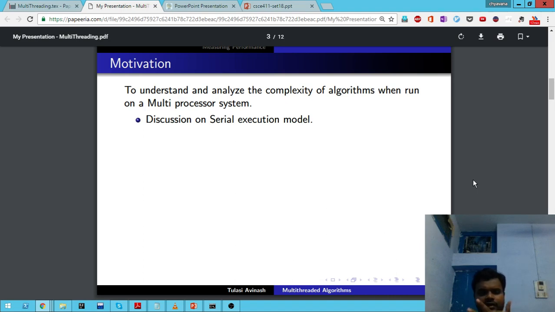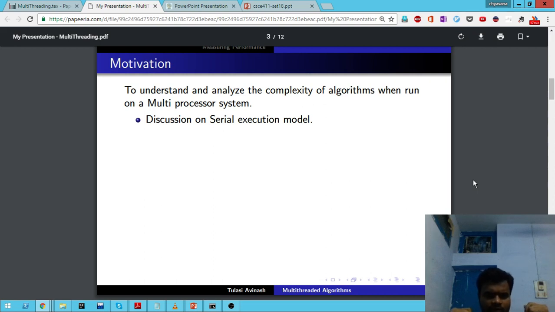So when it comes to the real world, it might not be an ideal model. It might not be feasible to adapt the same theoretical complexity to understand the practical implications of the algorithm on today's computers. Even a mobile phone is operating on an 8-core processor system these days.